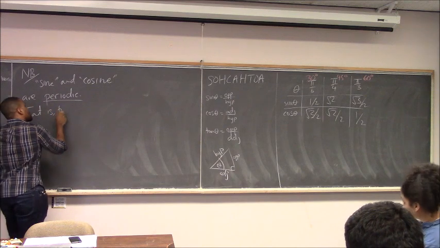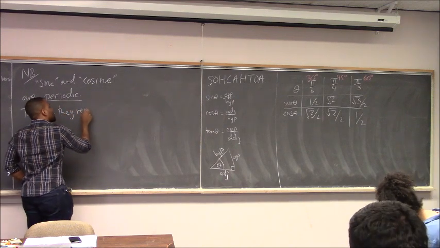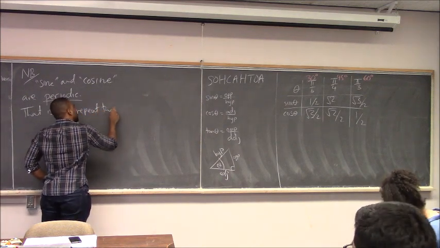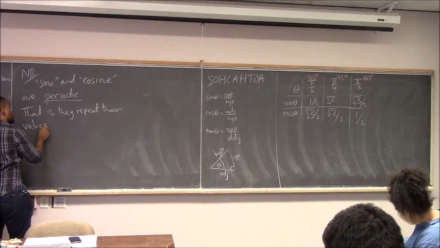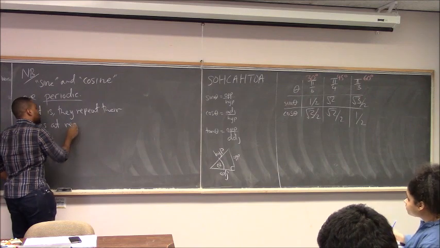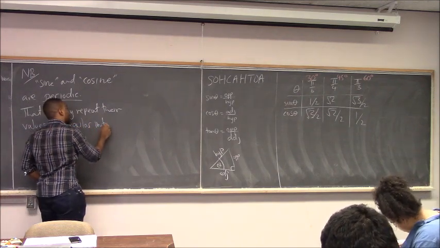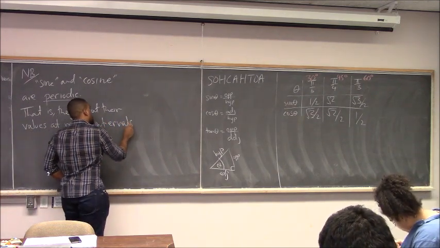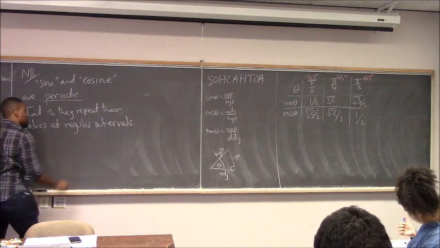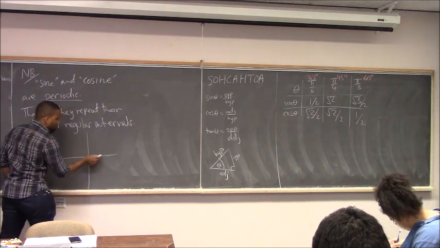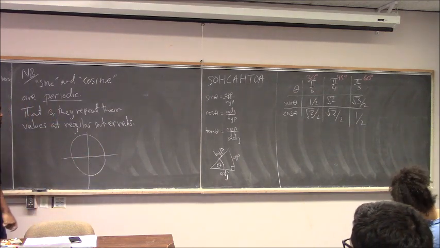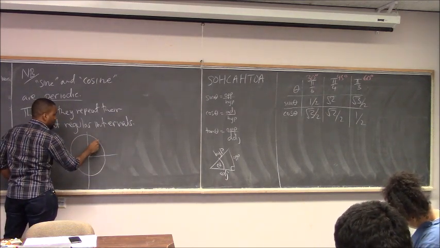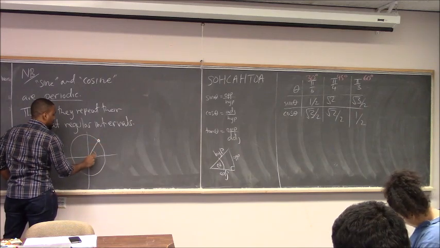That is, they repeat their values at regular intervals. It's not very hard to see. Let's say, okay, here we're on the unit circle. Here's some angle that I'm thinking about. Say it's like theta.